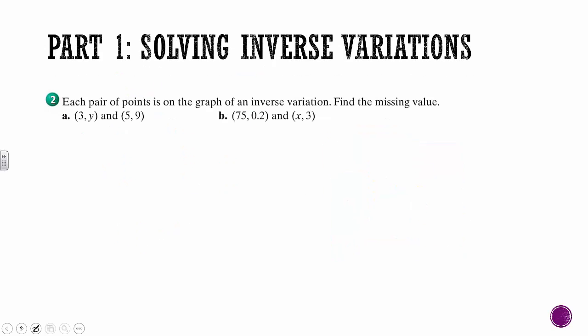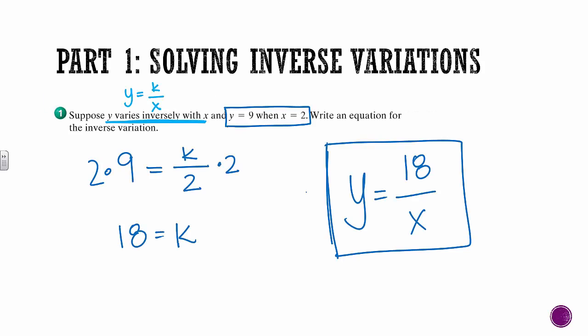Each pair of points on a graph is of an inverse variation. Find the missing value. What we're going to do for this is figure out what our y is in this case and what our x is for this one. These have to be equal. Remember back here, we know that our equation is y equals k over x.